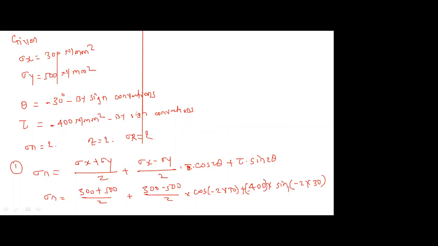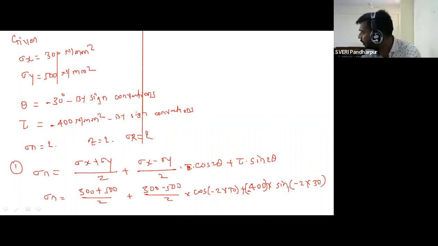Correct. Have you considered minus 400? Then you have to consider it. Now check it once again. Go for the simplified calculation, and do the separate calculation of each term.